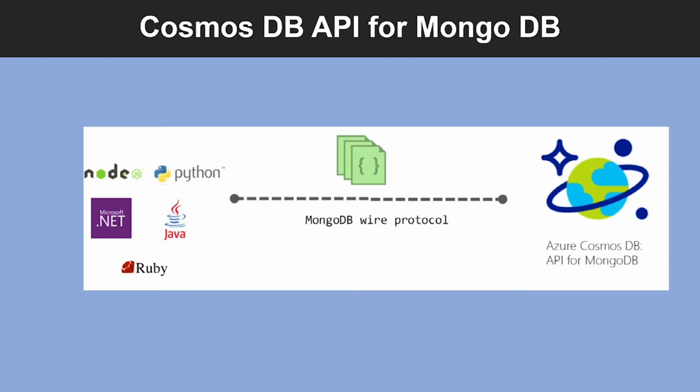And any MongoDB client driver that understands this protocol version should be able to natively connect to Cosmos DB. Some of the key benefits are you would be able to migrate applications to Cosmos DB while preserving significant portions of your application logic. You can keep applications portable and continue to remain cloud vendor agnostic.